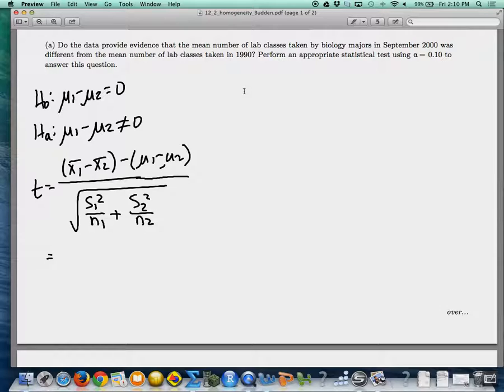I'm going to do 1990, subtract 2000. So this is 1.83 minus 1.93 minus 0. Remember that this comes from the null, that's why I put in 0.